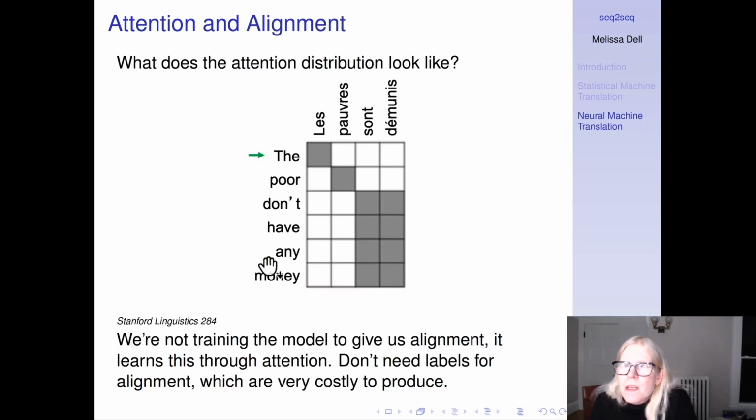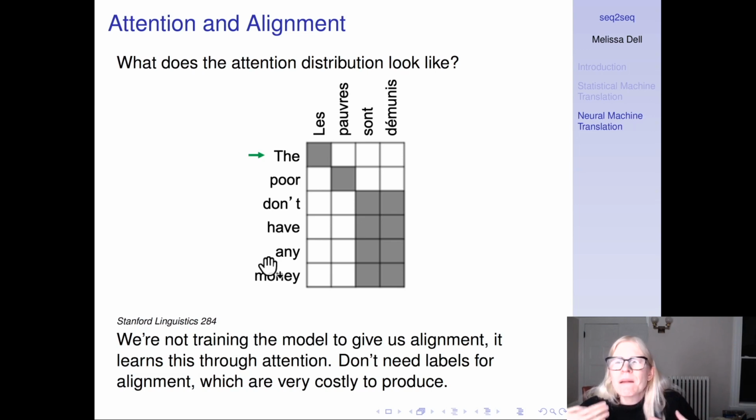Okay. And the really cool thing is that when you train this model and you see what the attention distribution looks like, it looks like alignment. But this model was not trained with data on alignment. It just had the sentence in English and the sentence in French, and the model learned the alignment.